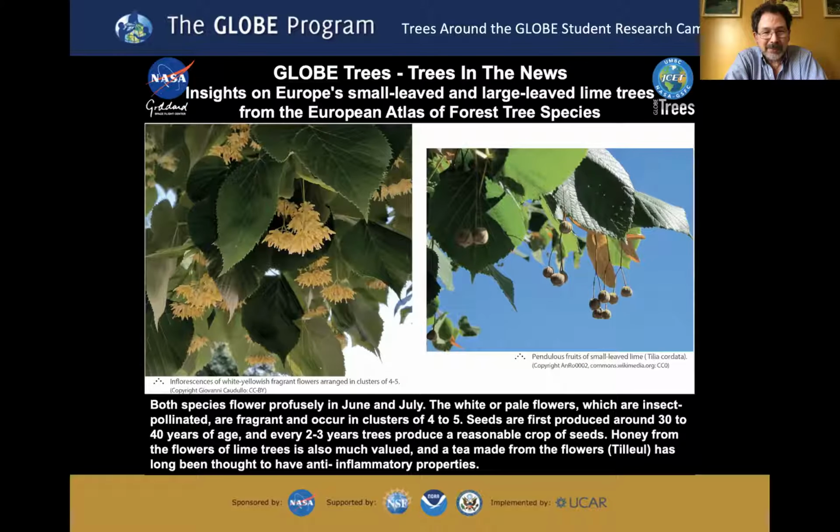But after the tree has already reached a pretty substantial maturity, so it doesn't happen rapidly. I don't know, maybe somebody on this call knows if the tea made from the flowers actually does have anti-inflammatory properties. So just another aspect of the knowledge that's in this article. Next slide.